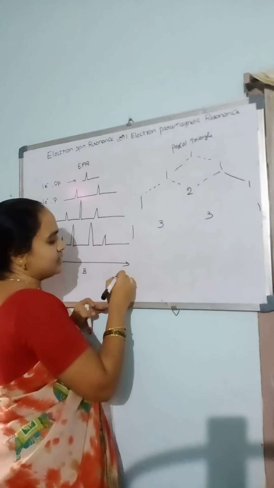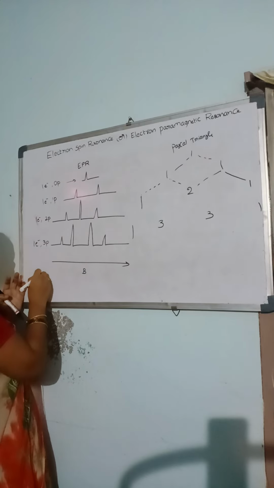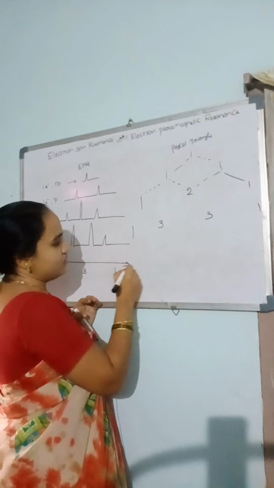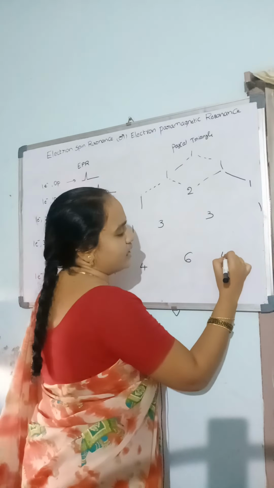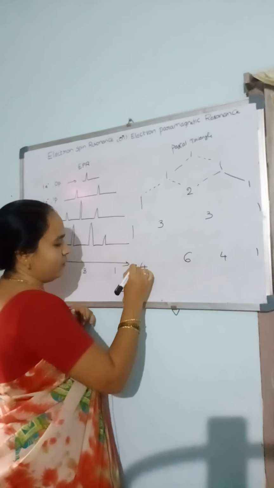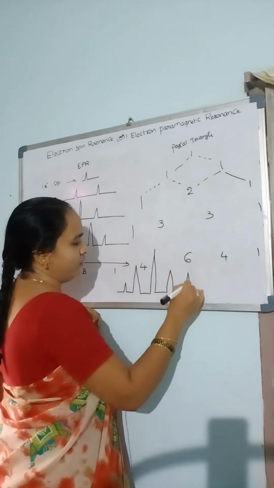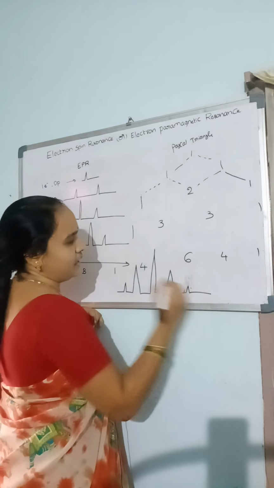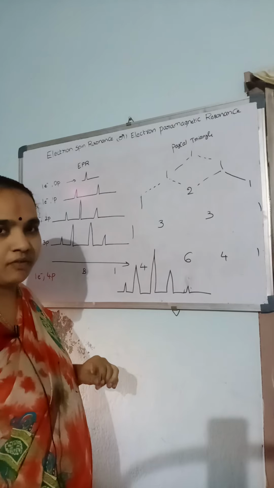So for the next, that is for 1 electron and 4 protons, how do we get the spectrum? We get 1:4:6:4:1. That is, we got the spectrum like this. So these are the different EPR spectrum of molecules.